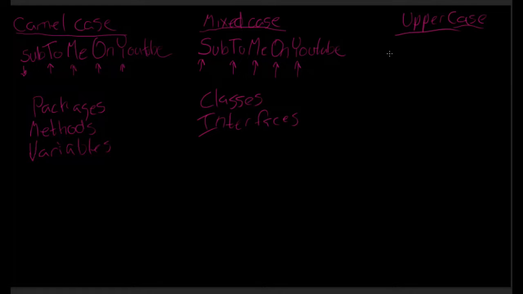So what we do in this case is, I'm going to do "sub to me" because this is a lot larger. We would do SUB, and then for spaces we just throw in an underscore and do TO underscore ME, like that. So this would be how you do an uppercase. And generally, this is pretty much only used in constants.